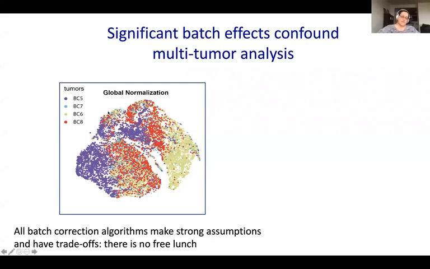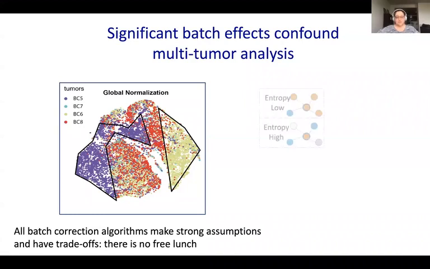Again, this is breast cancer TILs as before, but now we have 4 different patients, and every dot on this map is colored by the patient, and you can see very strong patient effects. And the question is, how much of this is technical artifact and how much of it is biology that matters, because there are just so many technical things that happen along the way that can create so many technical artifacts.